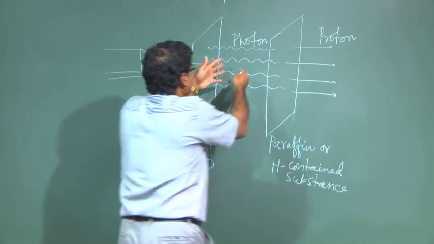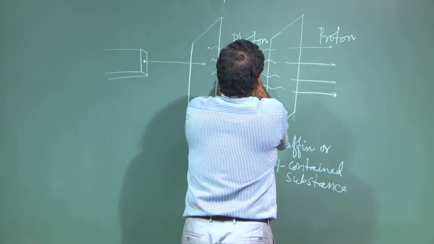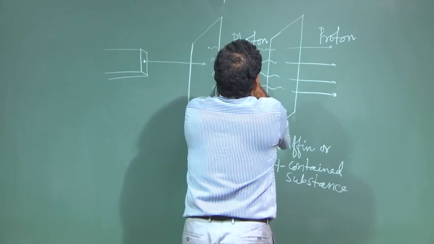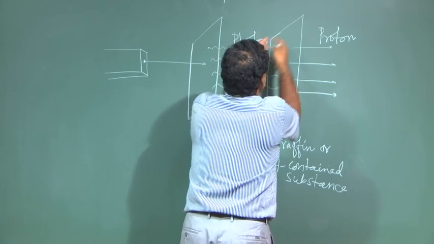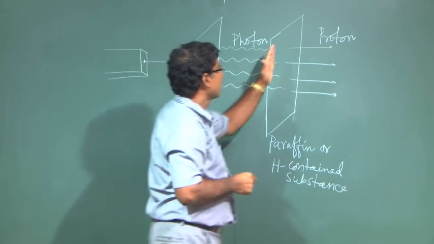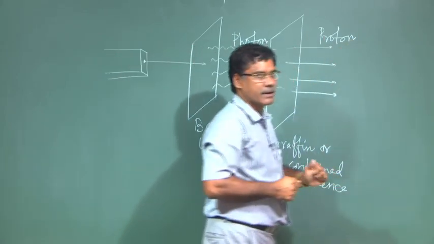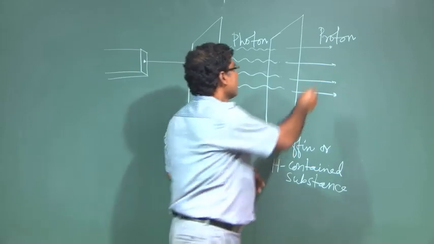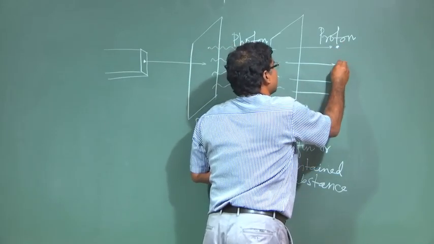They thought, okay, this is a photon. Now this photon again bombards the paraffin, and then from paraffin protons are coming out.